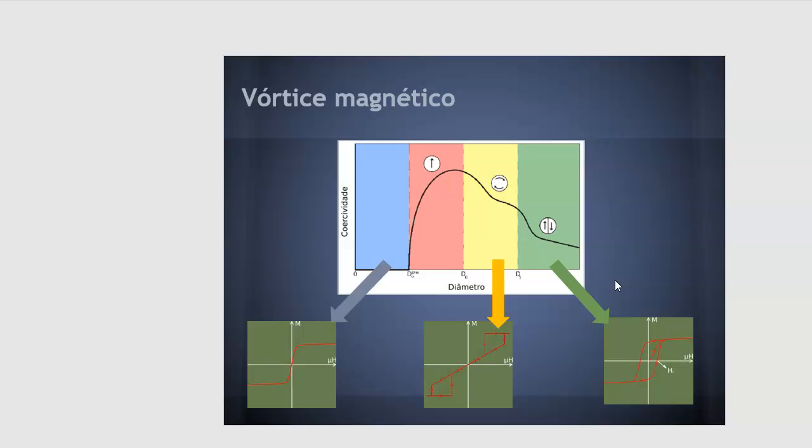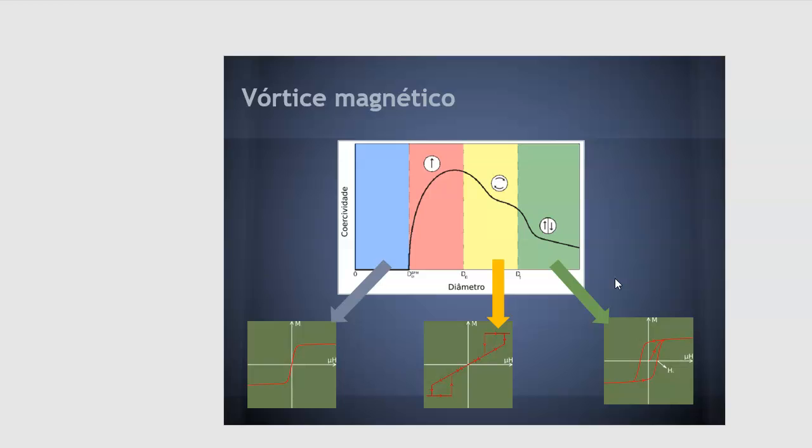But in this slide, highlighted in yellow, we have another region which is above the single domain limit, where we have zero coercivity and zero retentivity, but also moderate hysteresis loss.